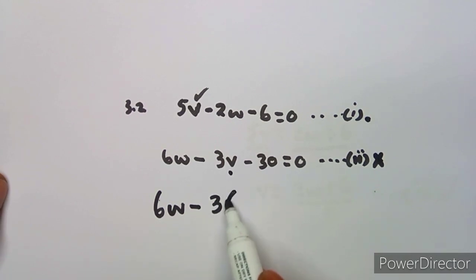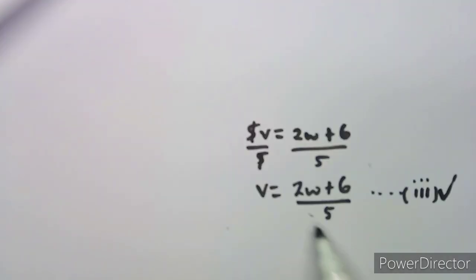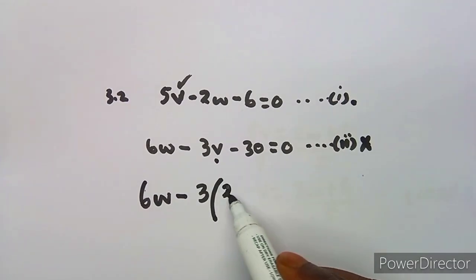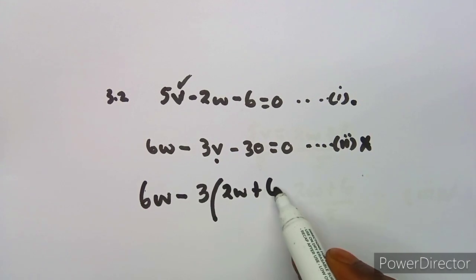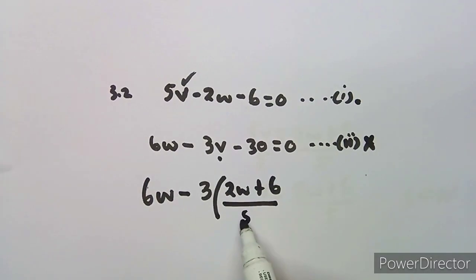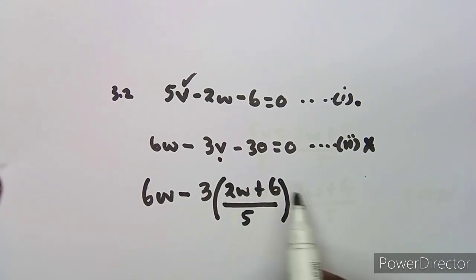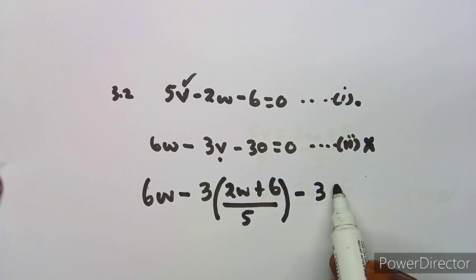You definitely have to open a bracket because you've got a fraction there, which is 2w plus 6 everything over 5. So it's over 5. Okay, so we close the bracket, and there's a minus 30, then we equate to 0, like that.